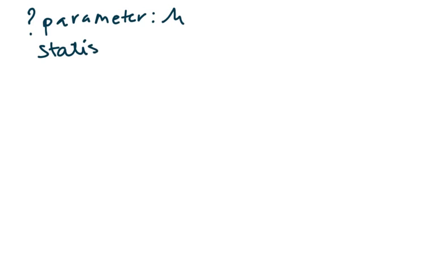Let's summarize and remember what we're doing. The first thing is we want to know about a parameter. Let's talk about mu for a second. We don't have that, so we go and we take a statistic from a sample. So our estimate of mu is going to be x bar.